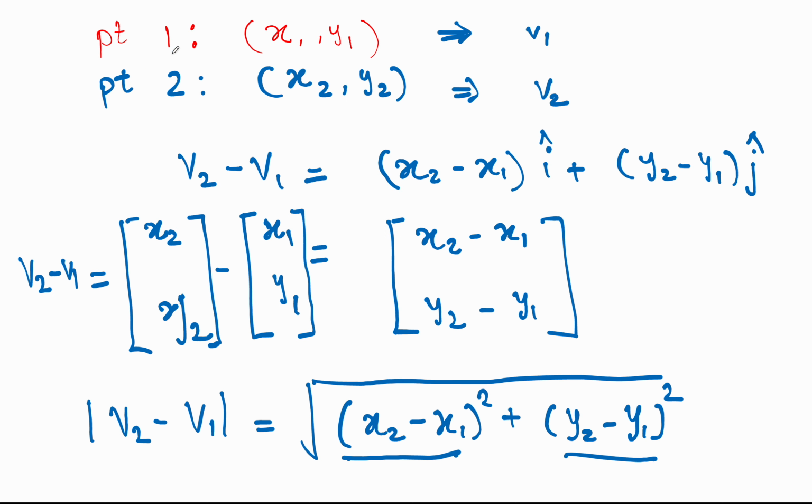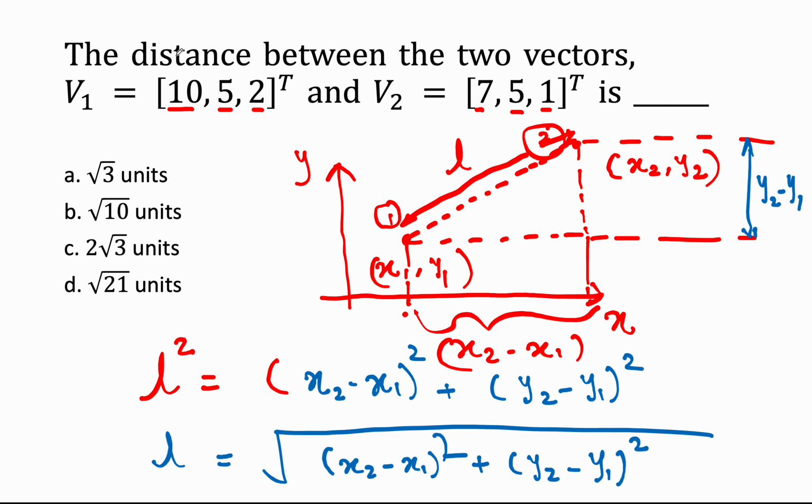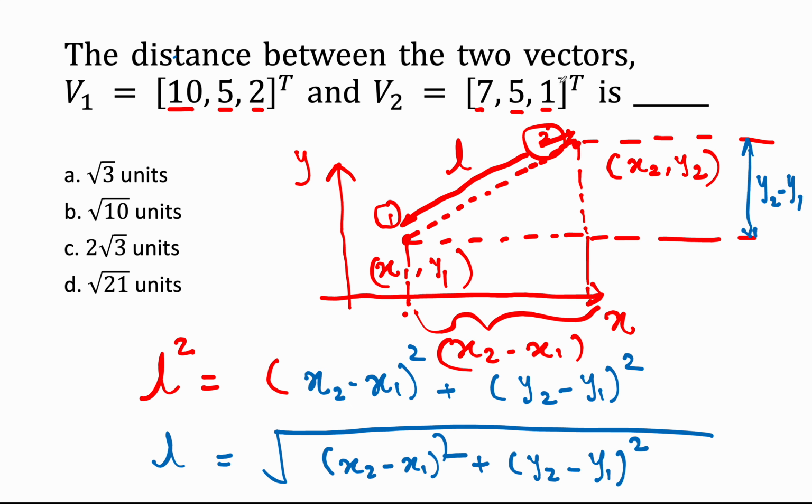Okay, so the vector v1 is 10 5 2, and it is written as a row vector, so to make it a column it is transposed, and then the v2 vector is 7 5 1.